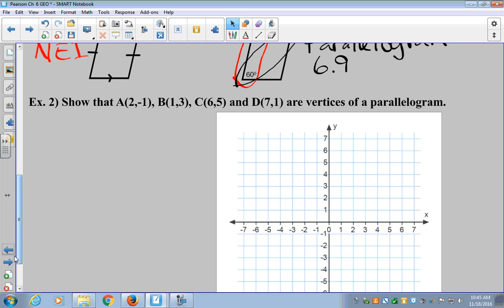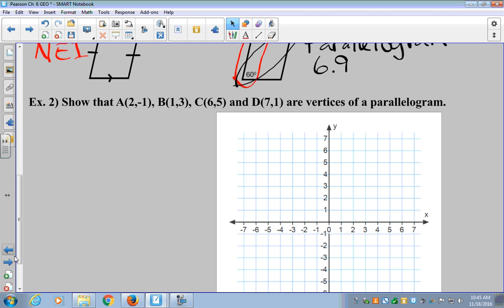Okay, so we're going to plot these 4 points on our graph, and then we're going to show that we have a parallelogram. To show that we have a parallelogram, we're going to pick a theorem, and if we pick a theorem with lines are parallel, what do we know?